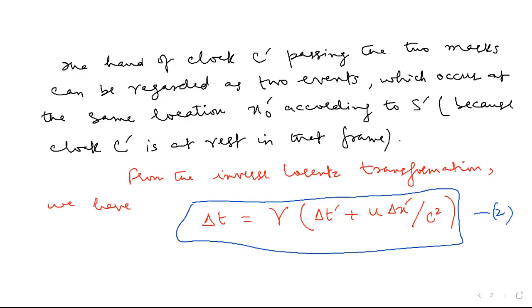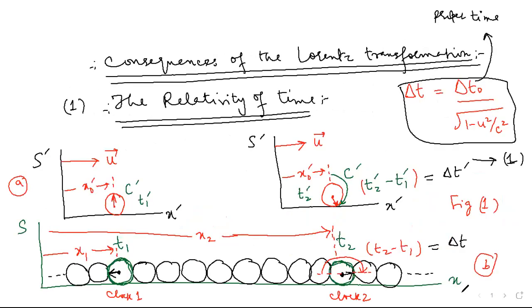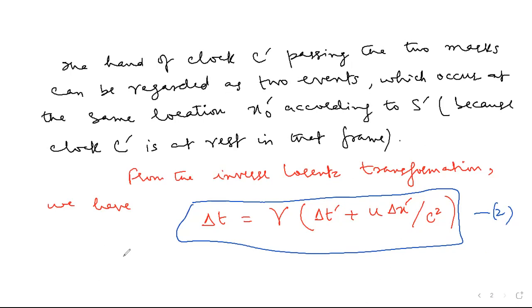Now, according to S prime, relative to whom clock C prime is at rest, the two events, which two events? The hand passing the two marks take place at the same location x naught prime as shown in the figure. So delta x prime is equal to 0, right?